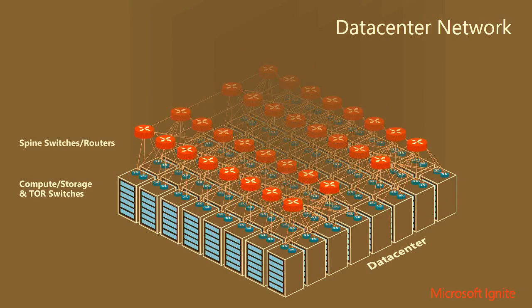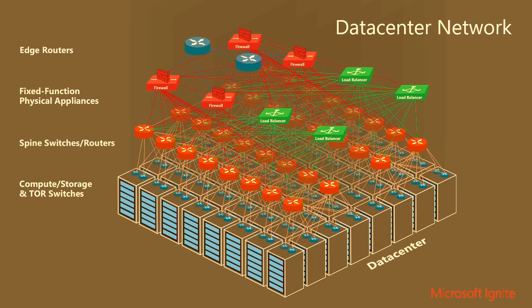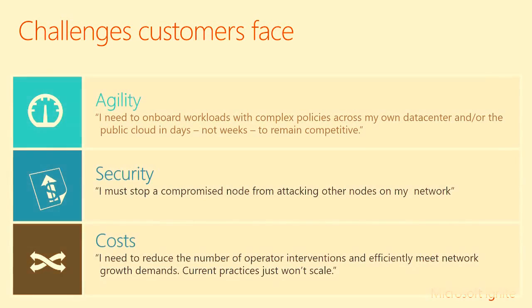Typically in your data center, this is how it looks. You have a bunch of servers, hardwired switches and routers, and maybe some load balancers. Everything is hardwired, and any change you want to make is going to be very difficult. How can I bring this kind of agility to my data center?